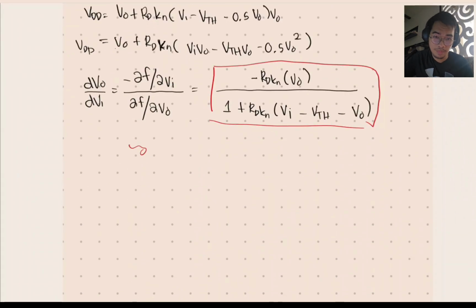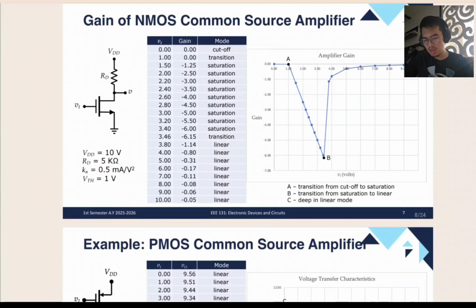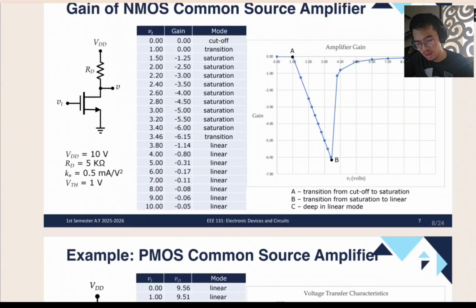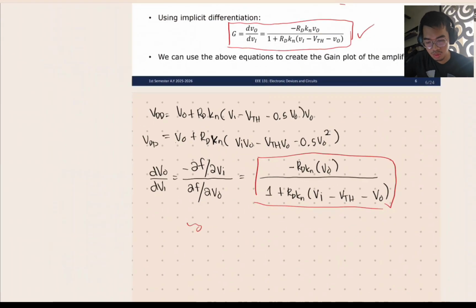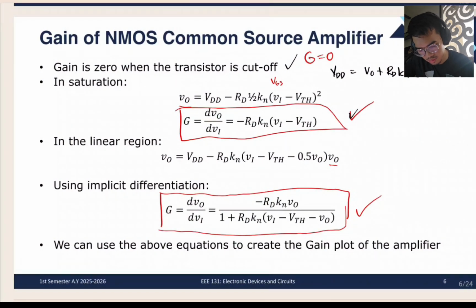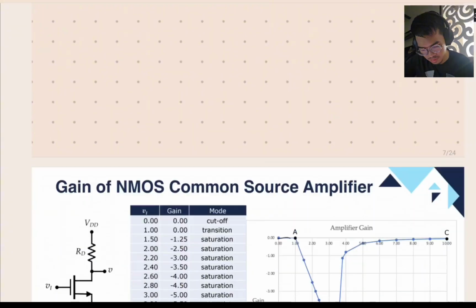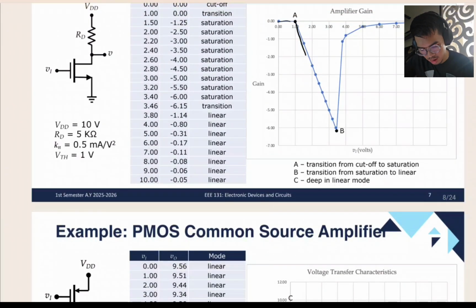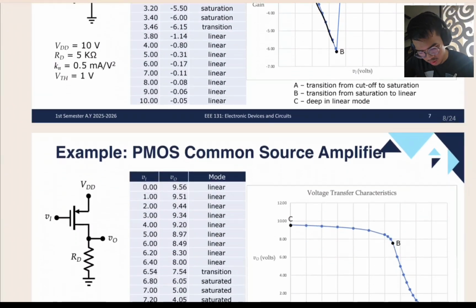So if we try to plot our gain, we see that in the cutoff region, our gain is 0. And then if we're already in saturation, our expression will be this expression.